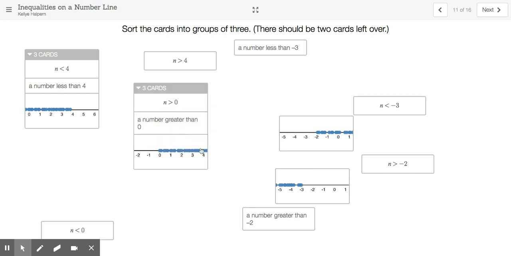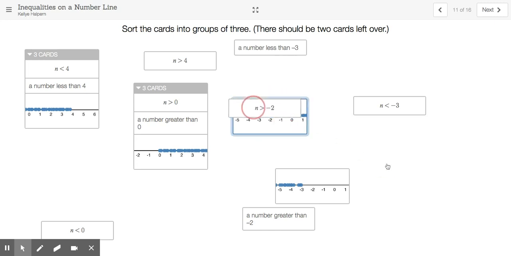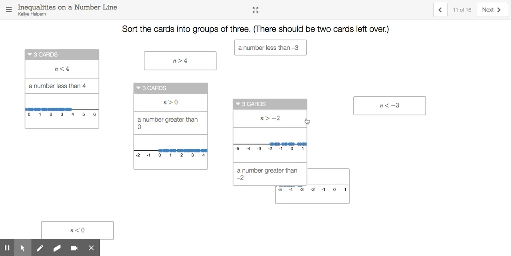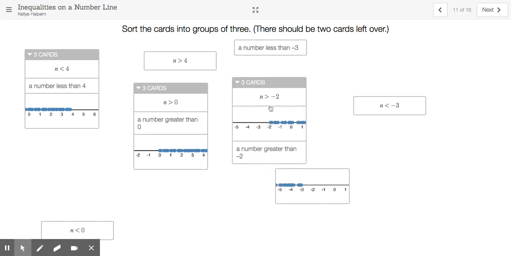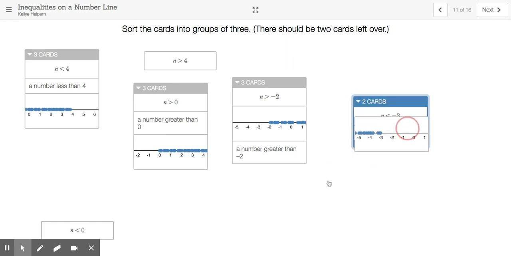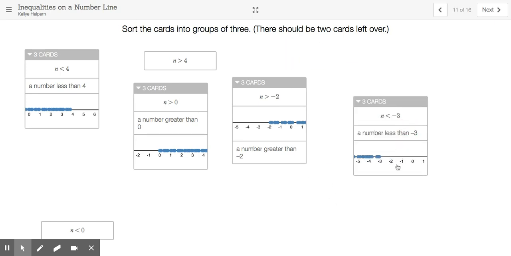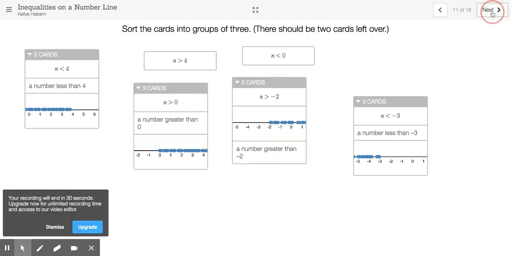These are all my cards that show values greater than 0. These are all of my cards that show values greater than -2. And these are my cards that show numbers less than -3. There are 2 cards left over.